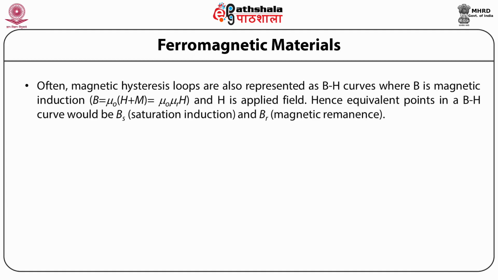Often magnetic hysteresis loops are also represented as BH curves where B is magnetic induction, B equals mu naught (H plus M), or equals mu naught mu R H, where H is the applied magnetic field. Hence, the equivalent points in a BH curve would be BS, the saturation induction, and BR, the magnetic remanence.